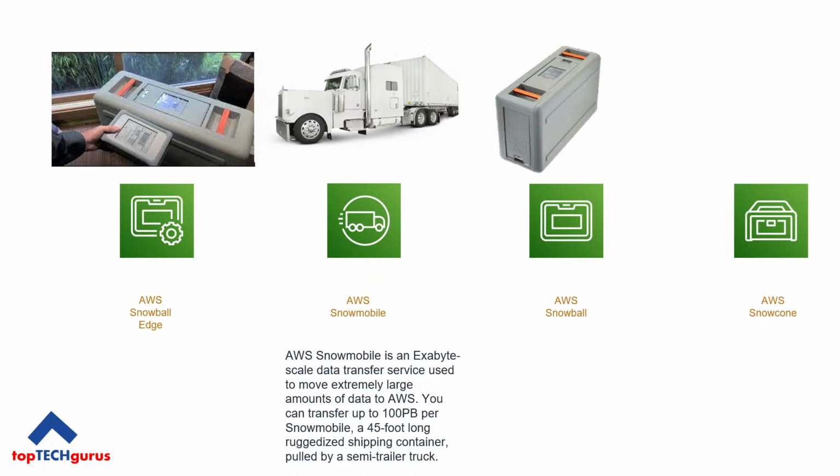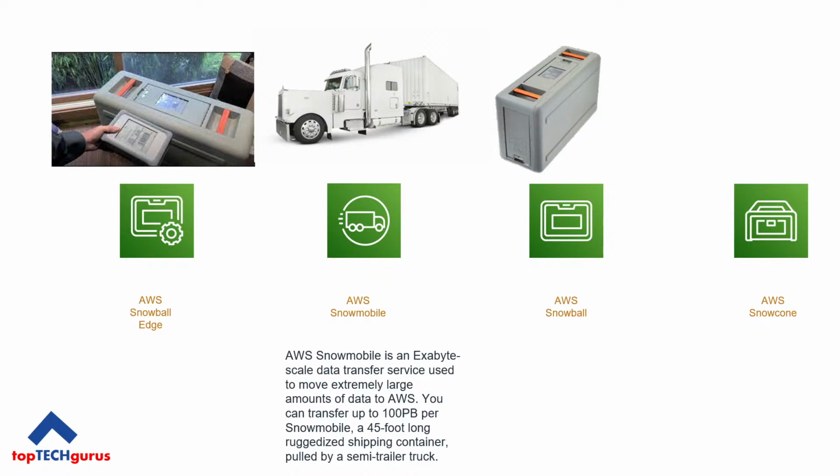In this instance, you put the data in a lot of hard drives, and then an actual truck comes in, physically moves the hard drives to Amazon's data centers, and the data gets transferred there.